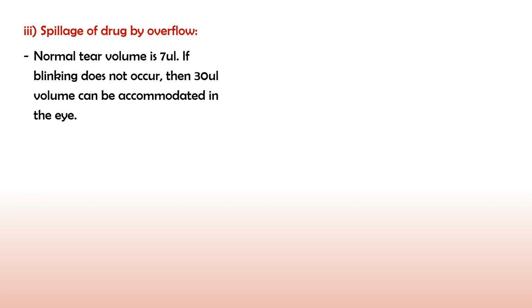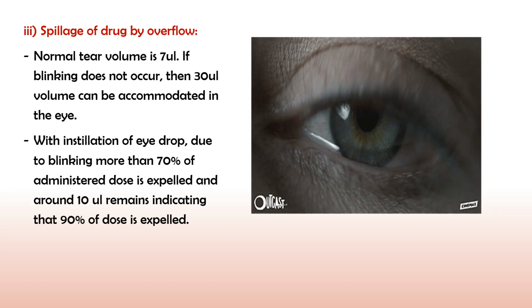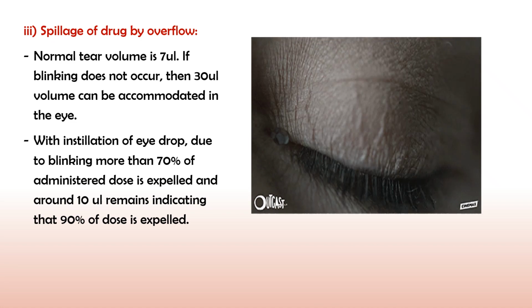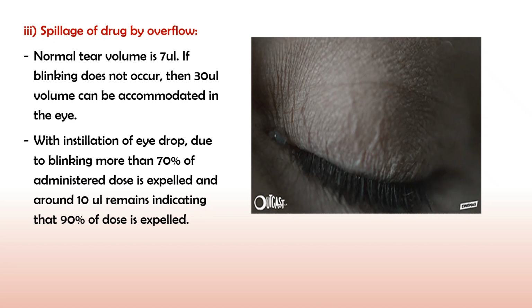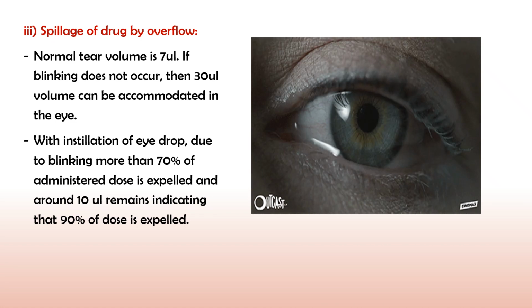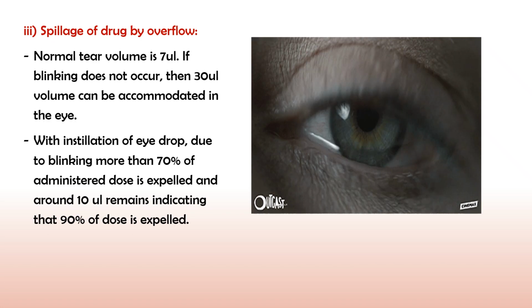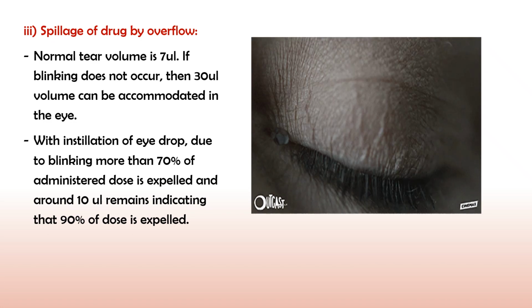The next factor is spillage of the drug by overflow. The normal tear volume is 7 microliters, and without blinking it can accommodate 30 microliters. Now whenever you instill a drop, as your drop or topical solution is external or foreign material, your eye is going to show a reflex action of blinking.